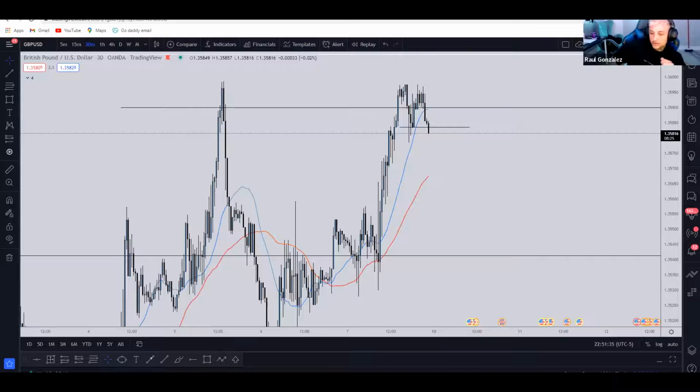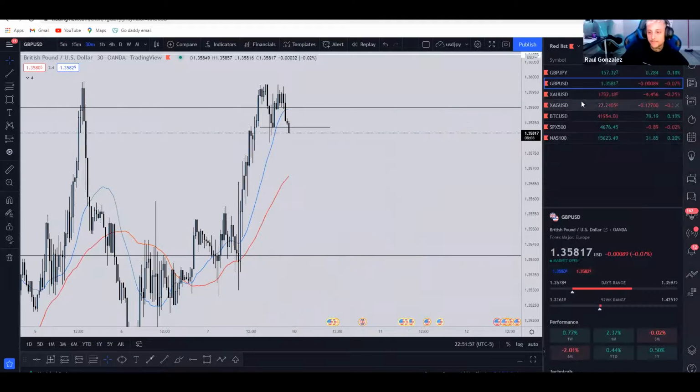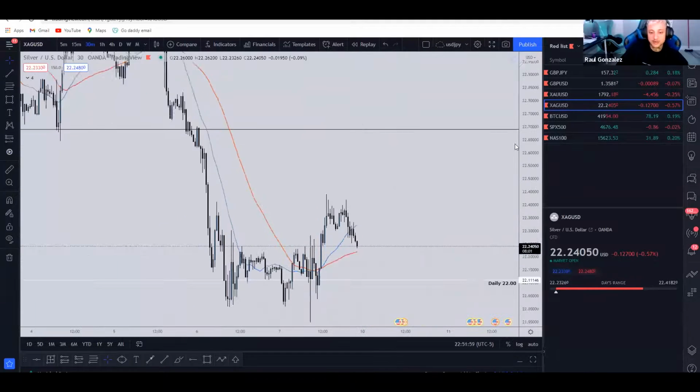I know. So what we're going to start doing is offering different options for different brokers. Nice. Because the spread on silver was crazy. But that's on almost every broker. The spread on silver is so bad. Let's say this is silver right now.